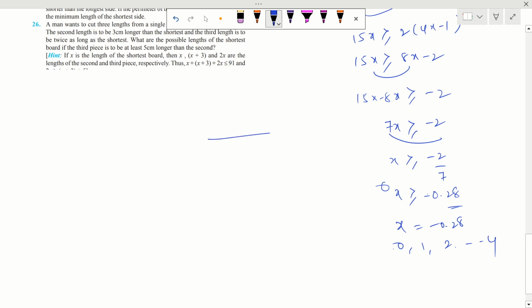Then the solution set we can write: 0, minus 1, plus 1, plus 2, plus 3. From minus 0.28 onwards, this is the solution set we can write for the given problem 20.